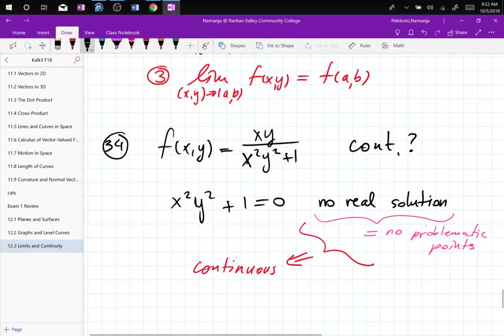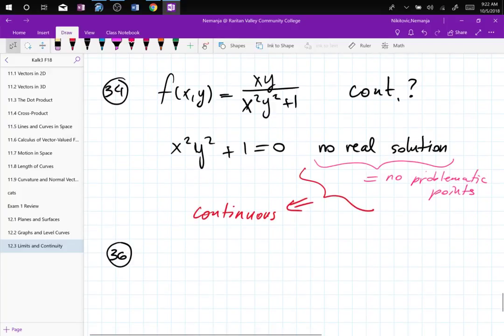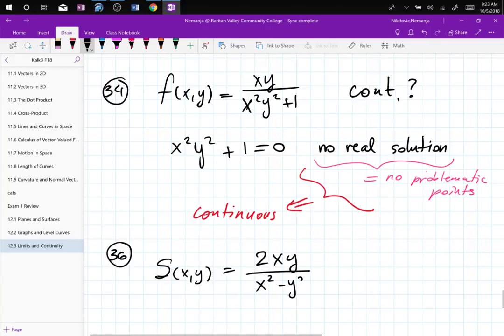So now we're going to take a look at 36. Completely different story. Function s of xy is given as 2xy divided by x squared minus y squared.